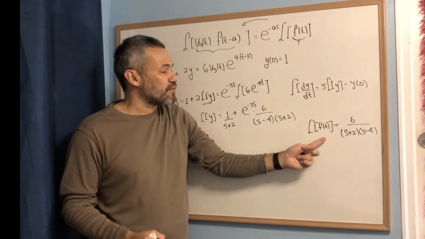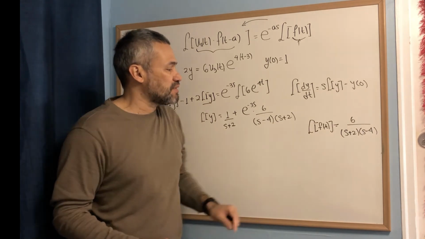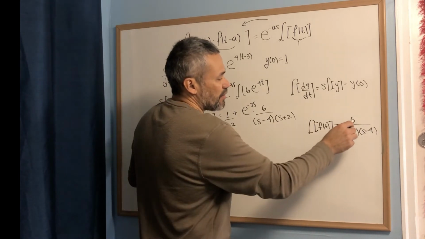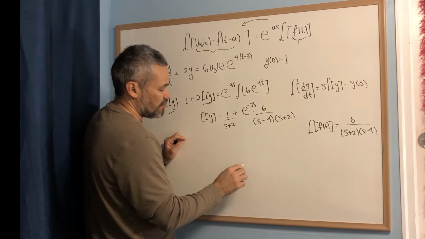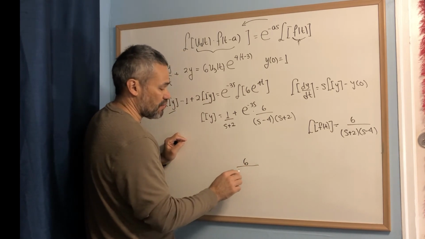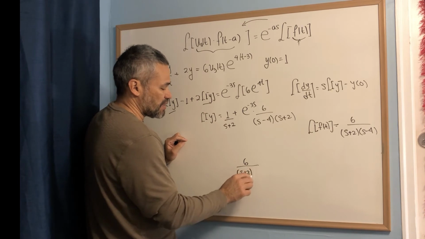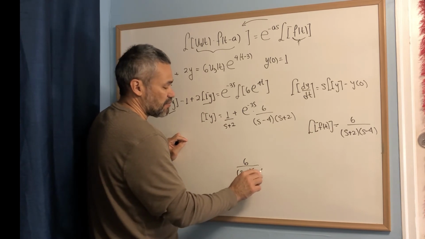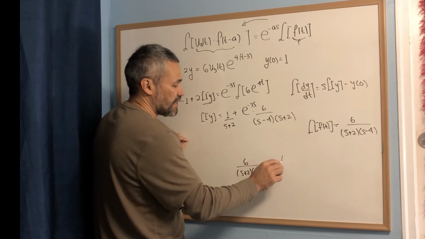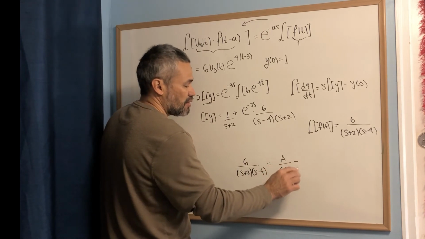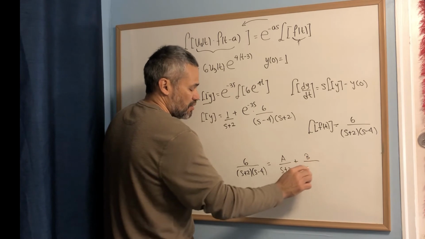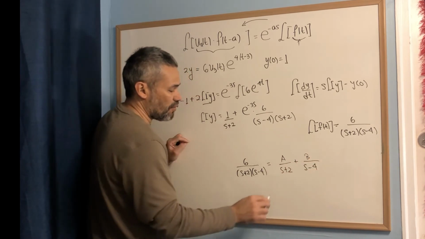Then essentially we have to do a Laplace transform inverse. The way to do this is we rewrite this using partial fractions. Let's do this here. We want to write 6 over s plus 2, s minus 4 as a over s plus 2 plus b over s minus 4.